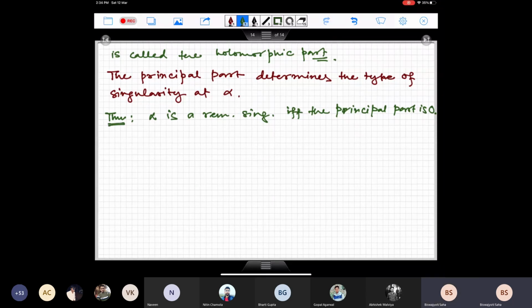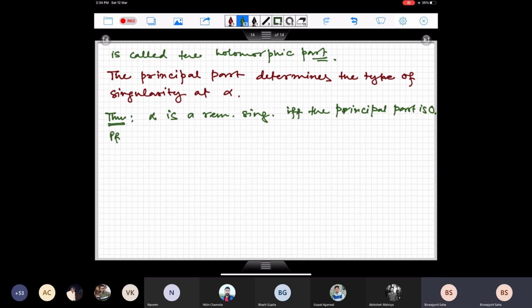Of course, if the principal part itself is zero, that means your Laurent expansion is given by a power series, and we know that power series are holomorphic functions, holomorphic in the center also. So therefore alpha becomes removable.